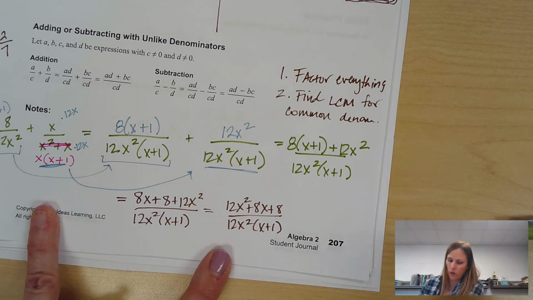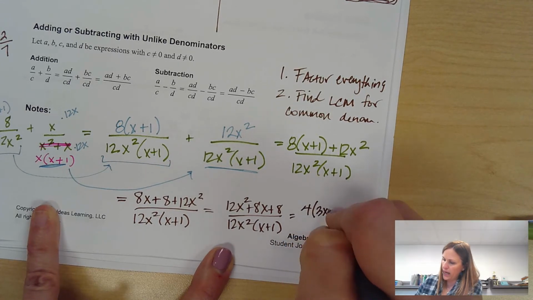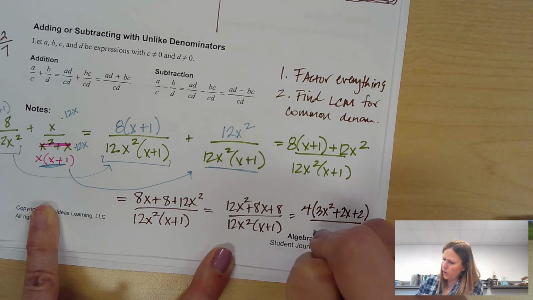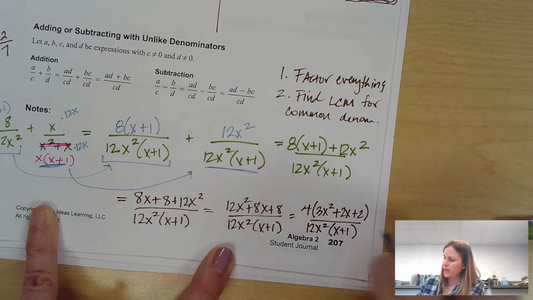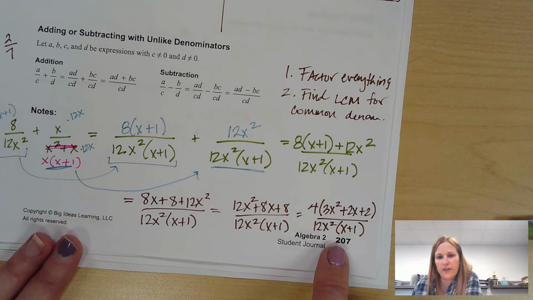It looks like I can factor out a 4, right? So if I factor out a 4, I'm left with 3x squared plus 2x plus 2 over 12x squared (x plus 1).